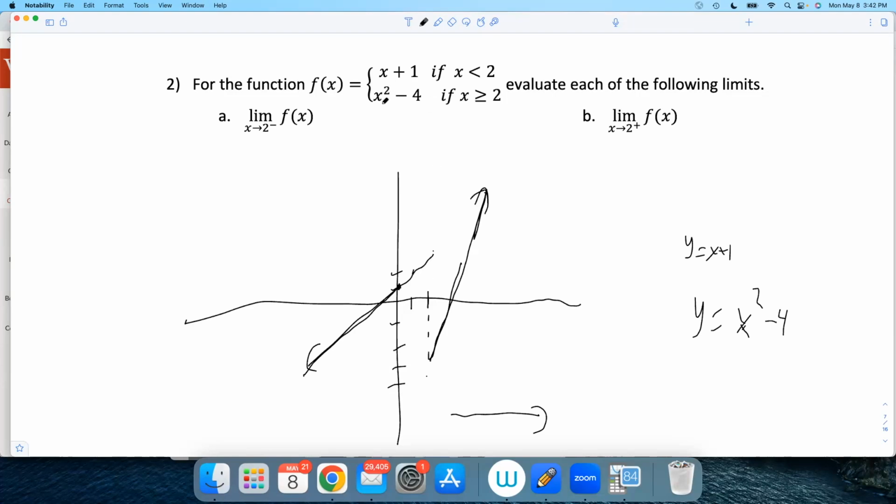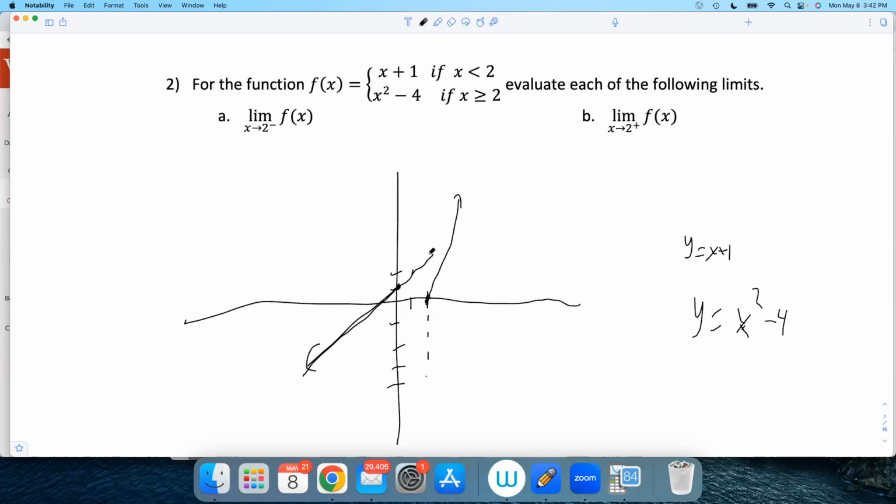Sometimes you got to do that when you're graphing piecewise functions. If I plug in a 2 here, 2 squared is 4 minus 4 is 0. This shouldn't be way down here. This should have been here. I'm adjusting that. This should have looked more like this. Let's get rid of this stuff here. That was just a guide to help us. And he gets the solid dot because he has the equal to.